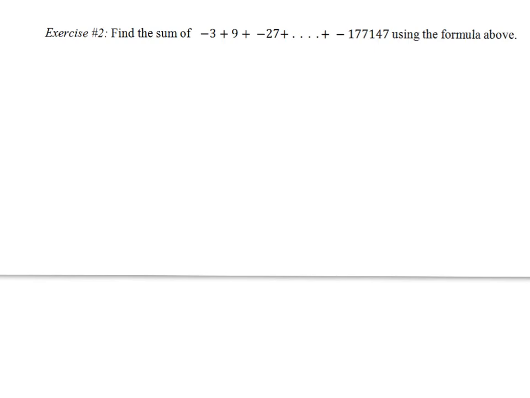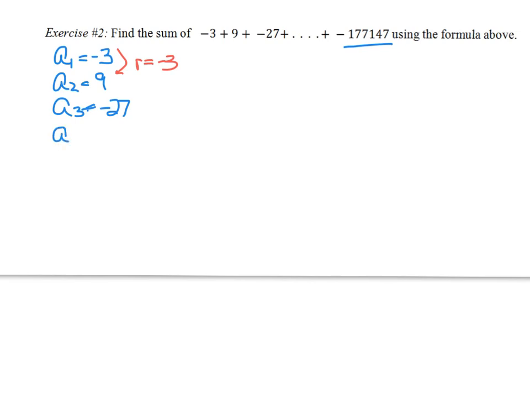So A1 is equal to -3, A2 is equal to 9, A3 is equal to -27, and hopefully you're seeing that this sequence is a geometric sequence where I keep multiplying by r. r is -3.